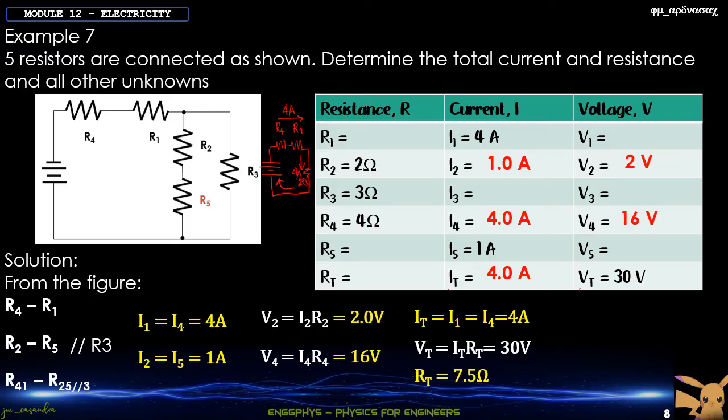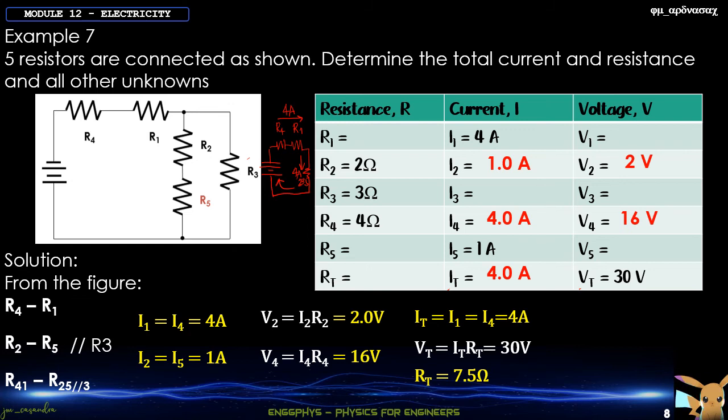Okay? So also, if we're going to check, our I total now, which is 4 amperes, will be equal to the combination of I3 and I2 and I5. Okay? So, di ba? Combination ng R2, R5 at R3 is equal to 4.